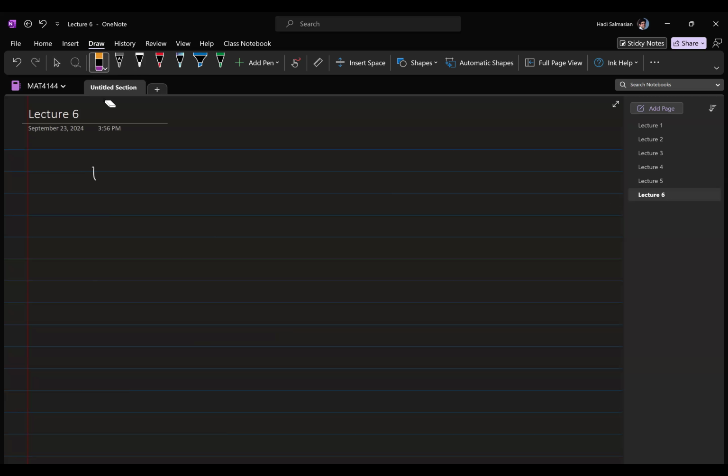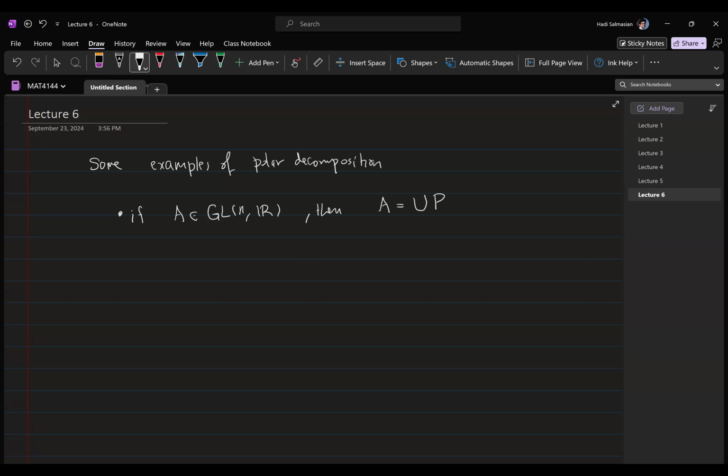If you take an element of GLNR rather than GLNC, a matrix with real entries, then we can, of course, write this polar decomposition U times P inside GLNC.